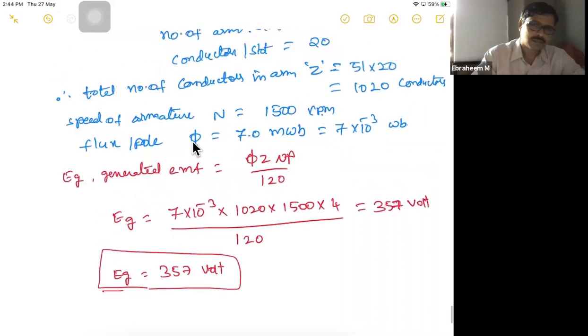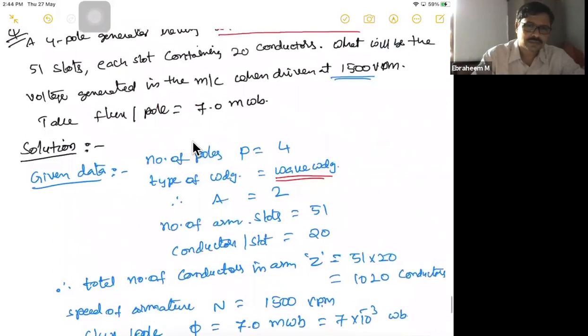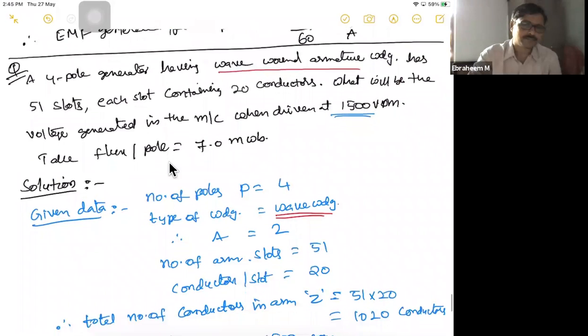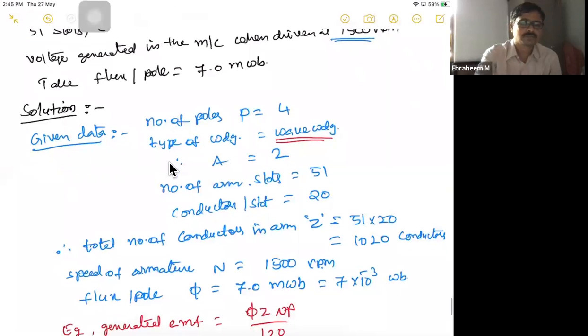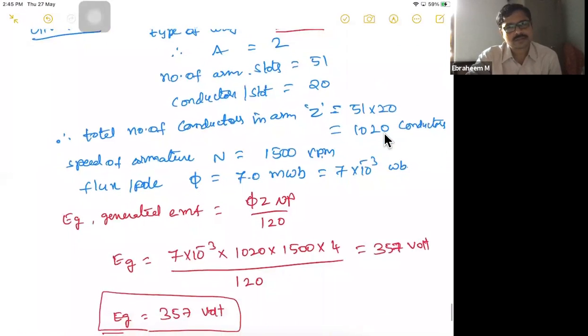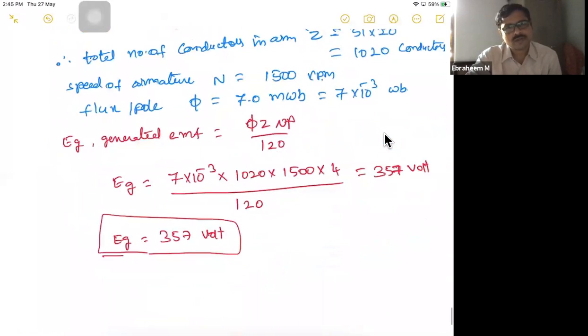In the derivation or in the problem solving, I have written down the problem here, and I have written down the given data and the formula, just substituting it there.